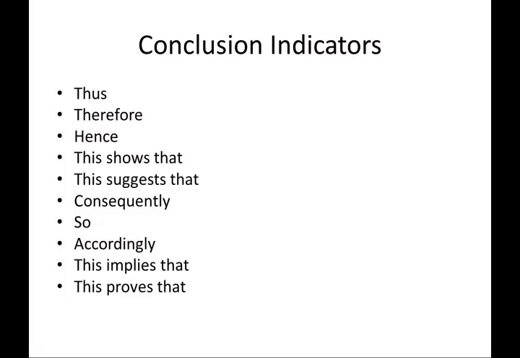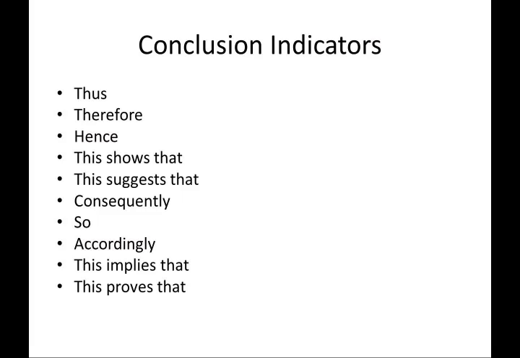Now, these other phrases, the next two, this shows that, and this suggests that. This refers to what came before it. My dog is small, and this shows that he can fit into tight spaces. What I'm indicating is that my dog being small provides evidence for a certain conclusion, that he can fit into small places.